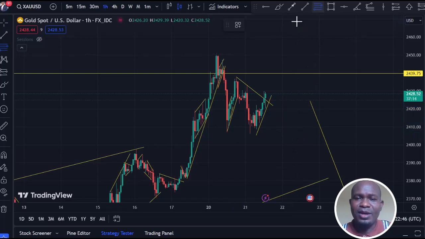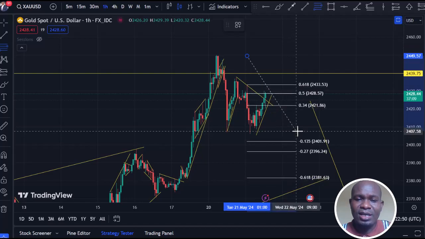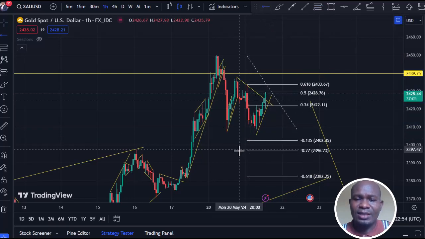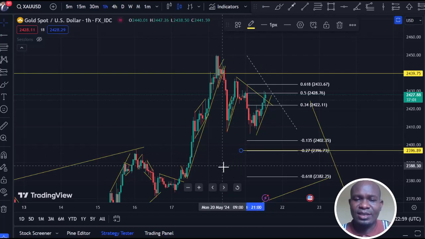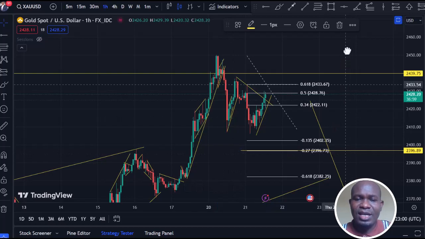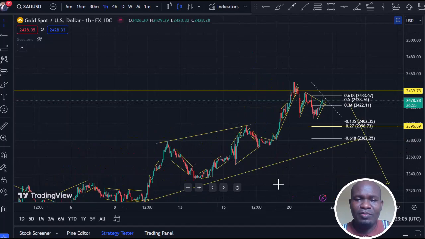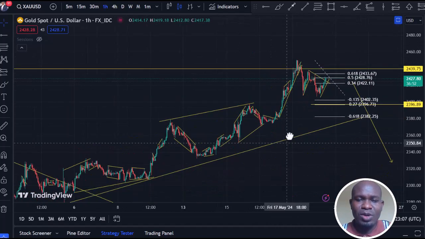Now, if you take a fib here, we measure this, take this fib here and take it there. At least the first take profit should be at 2396. Okay, 2396, the first take profit. Then if the market still wants to push downwards, most times gold will just do what it's got to do.